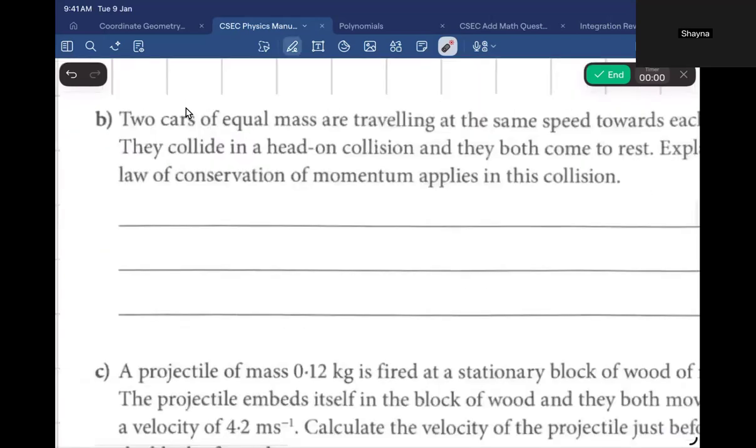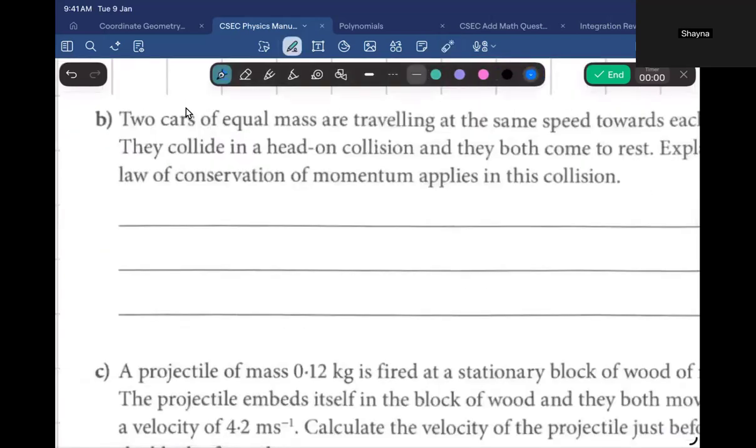So essentially, one of them has a momentum of mv and the other has a momentum of minus mv. When you work that out, you're going to get zero. And we need to write a statement for that, right? So I'm going to tell you what you're supposed to write, like a proper answer. But your answer wasn't too bad.